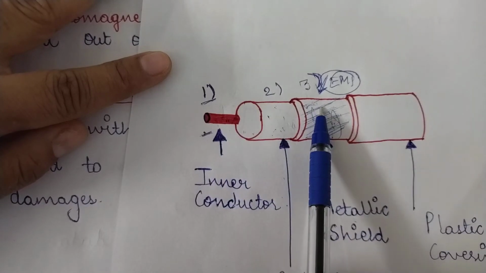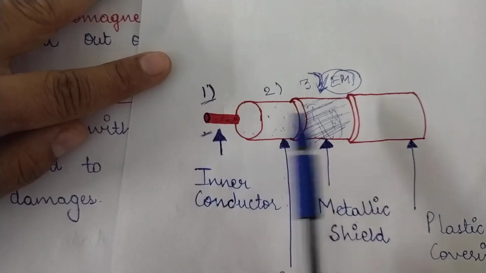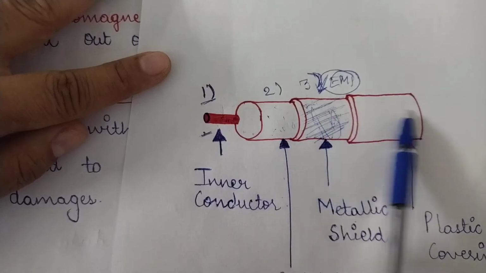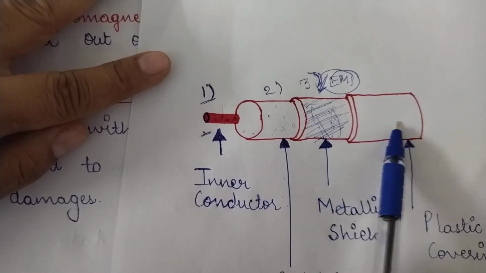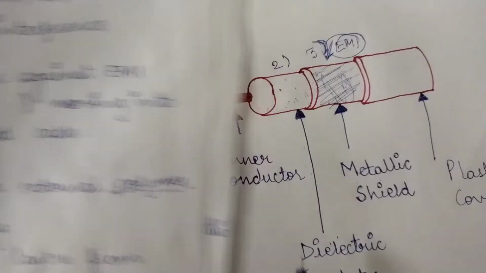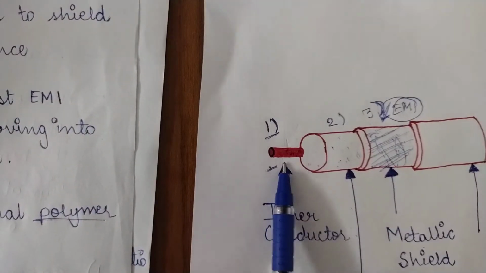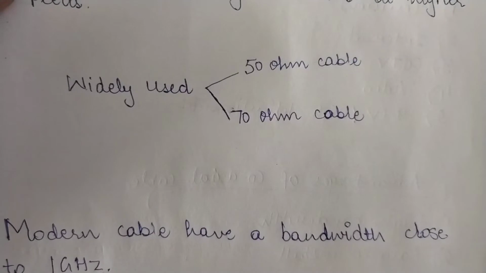So this is doing the task of protecting this inner core, but who will protect this braided mesh? This plastic covering or plastic jacket. So this is how all the layers are protecting each other, finally to protect the actual data which would be flowing from this inner conductor.